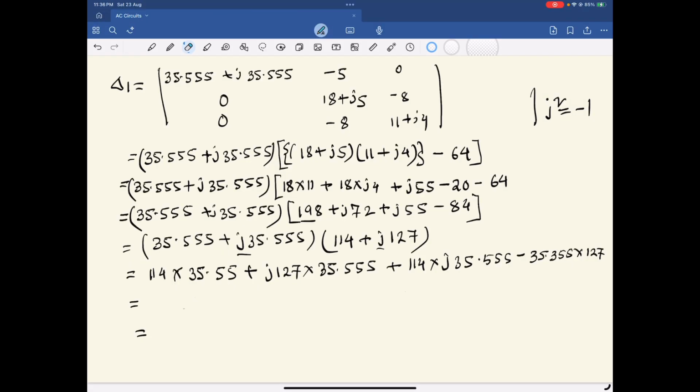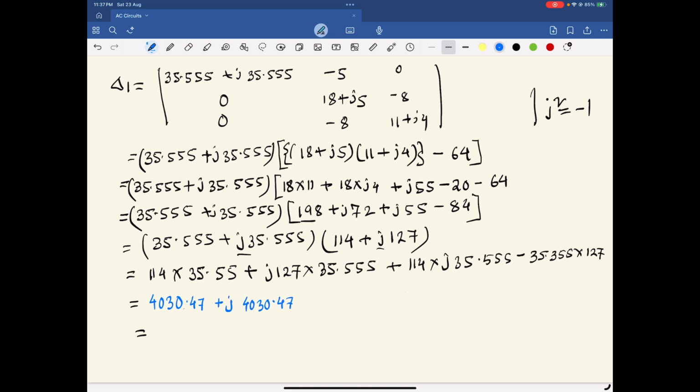So 50 cos 45 plus j 50 sin 45 is equal to 35.555 plus j 35.555, and the other elements will be as they are.